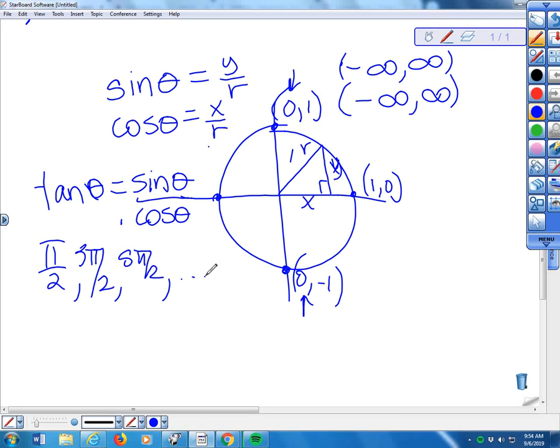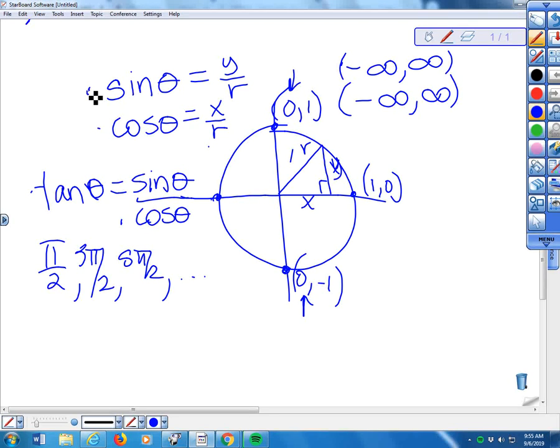Okay, cotangent is going to be 0 and pi. Okay, cosecant is going to be anywhere that y is 0, so 0 and pi. Secant will be anywhere that x is 0, so it would be pi over 2, 3 pi over 2, etc. So tangent and secant have the same domain.